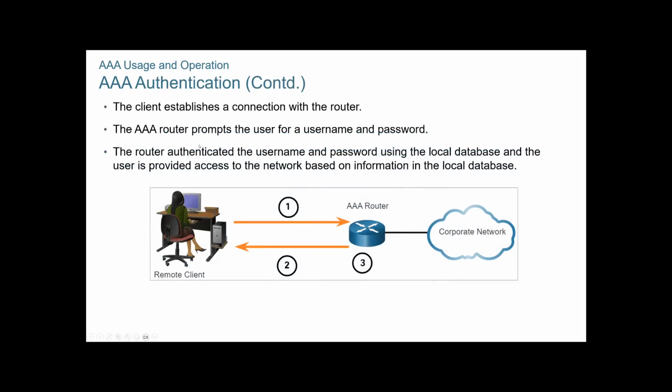The router, if AAA is running on it, would prompt the user for a username and password, and that router many times may have a local database that holds those usernames and passwords, or it may pass it on to that AAA server to validate that username and password. So again, the local database may be used, or it may be passed on to a AAA server.